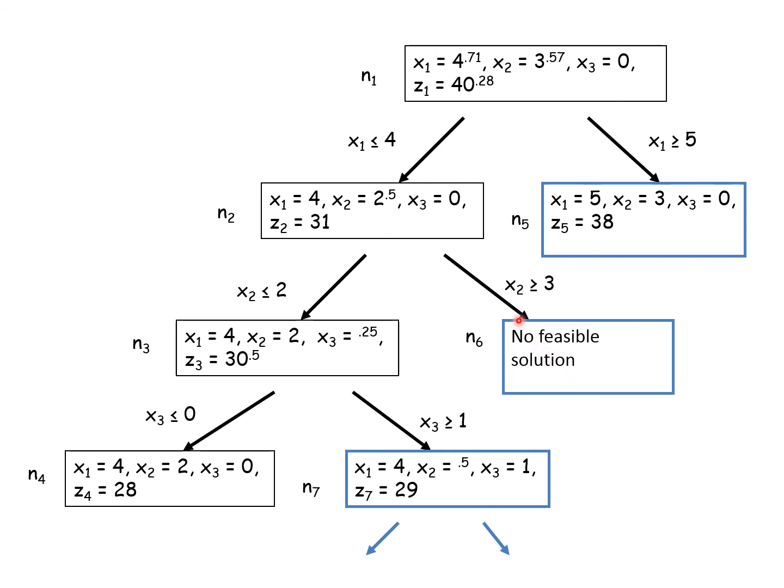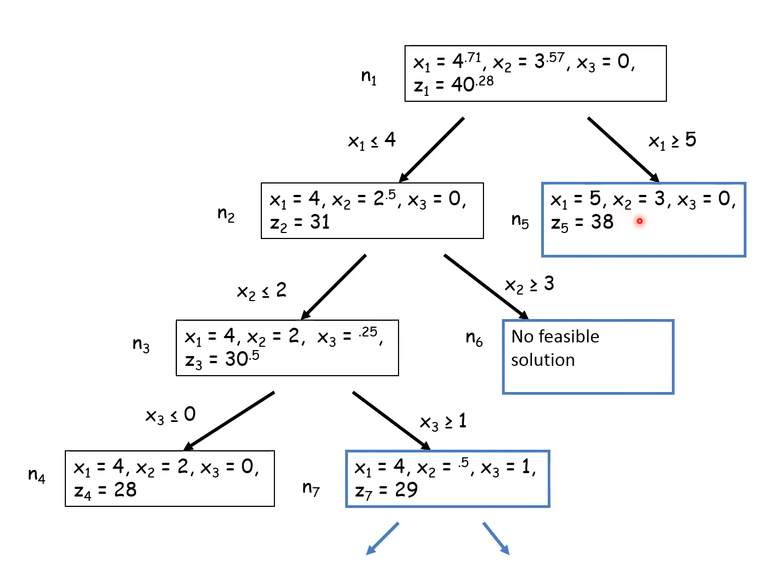Then I go up again and solve this problem. I end up with x1 equal to 5, x2 equal to 3, and x3 equal to 0. Notice here that the solution came to be integer, 5, 3, 0, and z is 38, which is much larger than that. So this is a new lower bound.